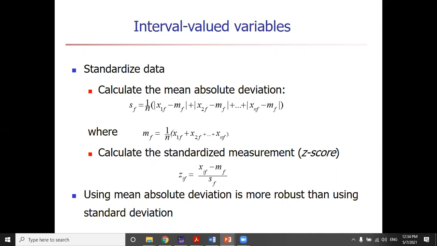Age generally ranges from 0 to 100, but income is represented in a range of 50,000, 1 lakh, 2 lakh, 3 lakh. So there is a huge data disparity between these two attributes.